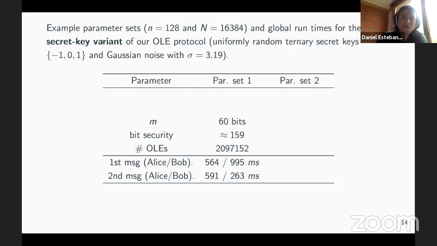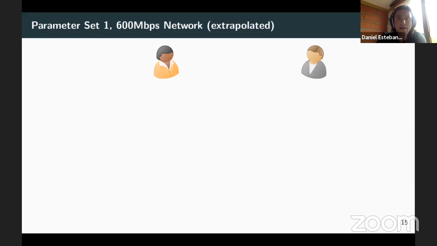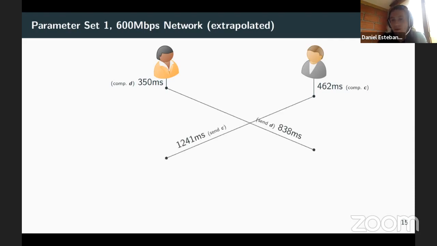I know this can be confusing, so I actually prepared a diagram for you to show how this will behave in an actual network. In an actual scenario with a 600 Mbps network, the execution will look like this. This is all extrapolated, by the way, I didn't run this. At the beginning of the computation, it will take 350 milliseconds for Alice to compute D, and it will take 462 milliseconds for Bob to compute C. Then they send the messages once they have them.